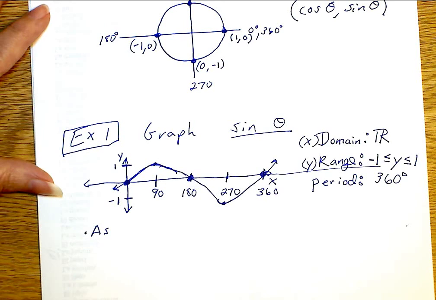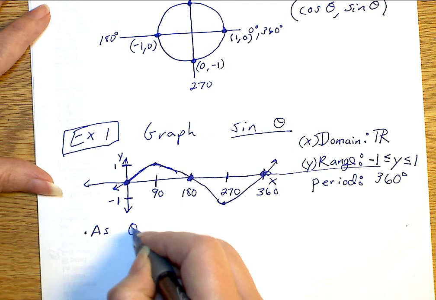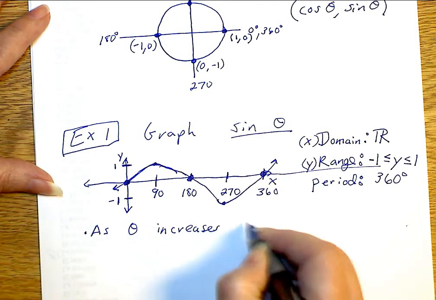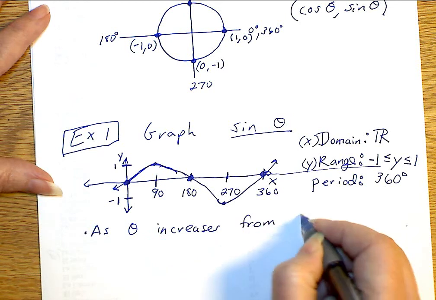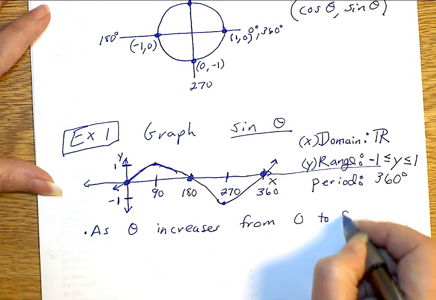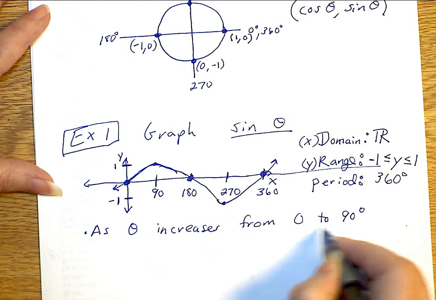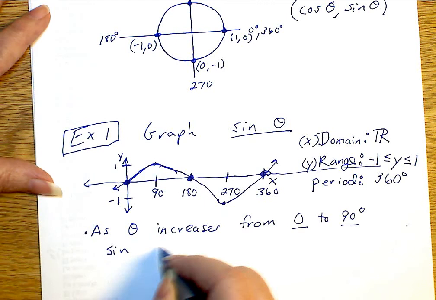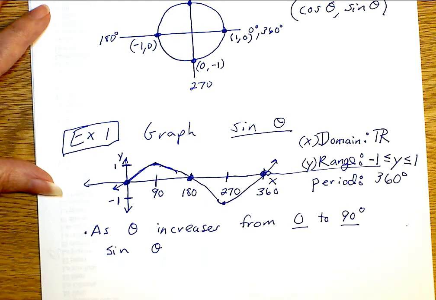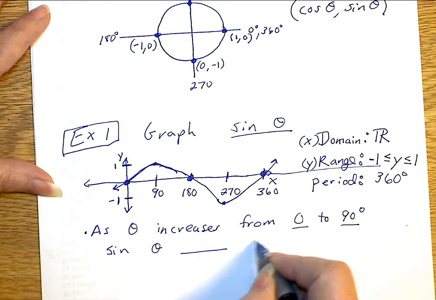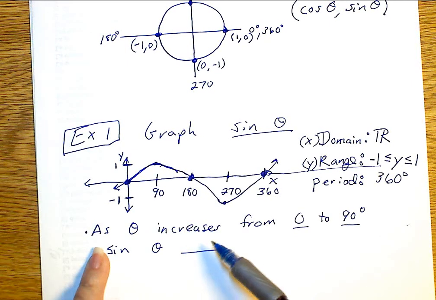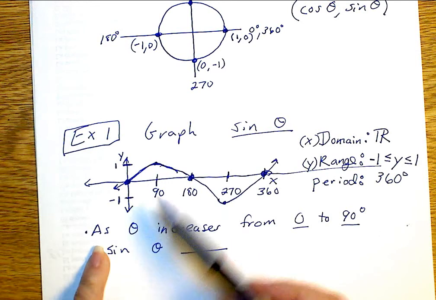All right, we have here, as theta increases from 0 to 90 degrees, sine of theta. All right, so what it's saying, and this is something that you'll have to do with your stuff, is it says as theta increases.